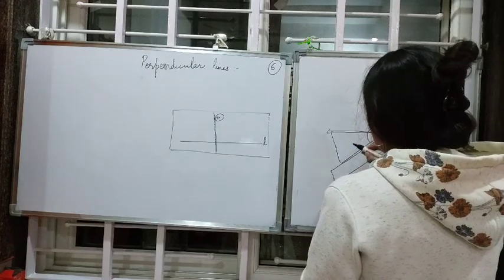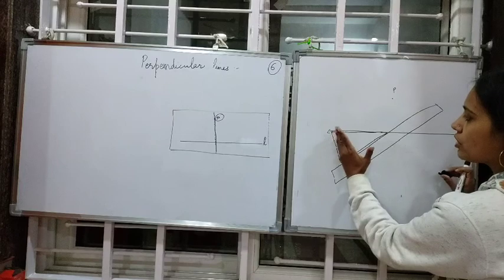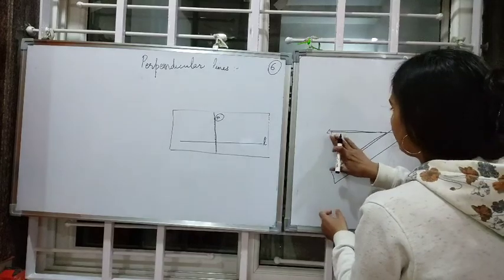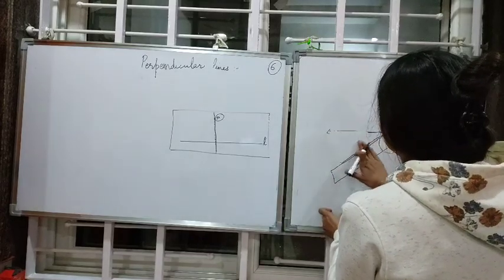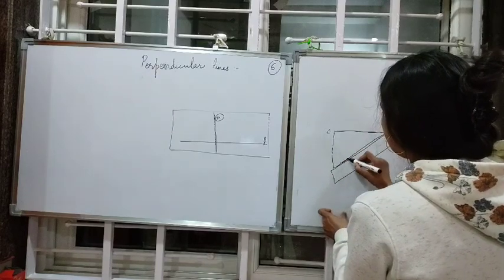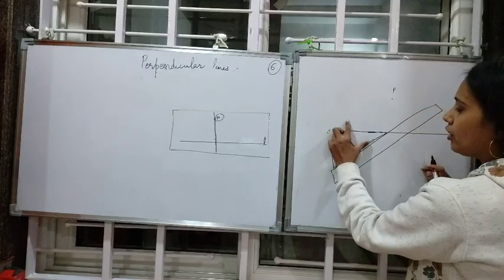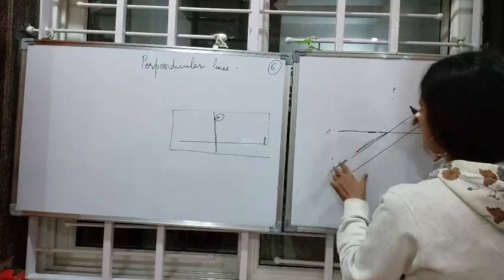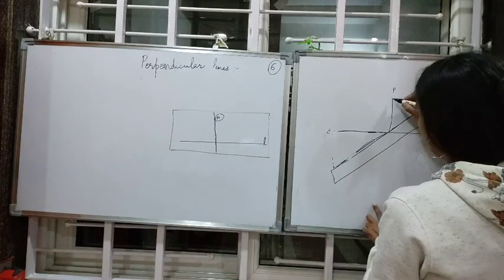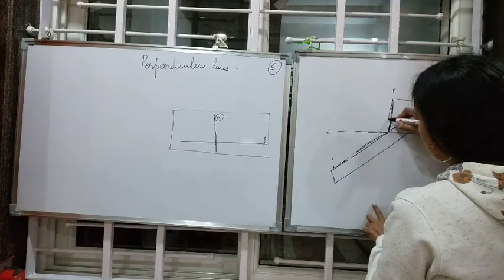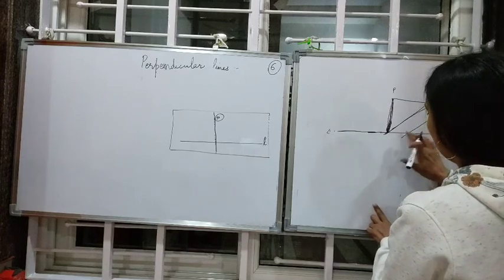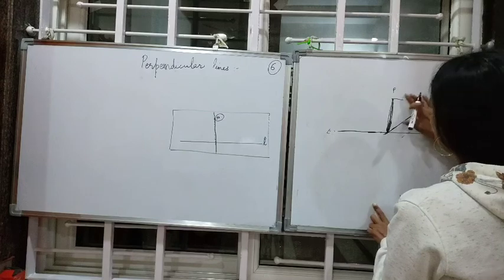Then slide your set square until you reach P. Then draw the line from here like this, and remove your scale and your set square.